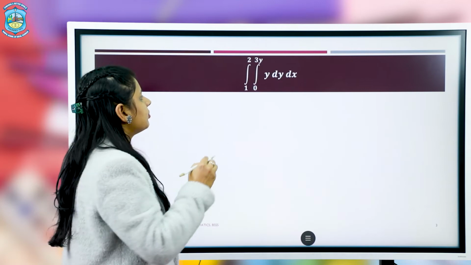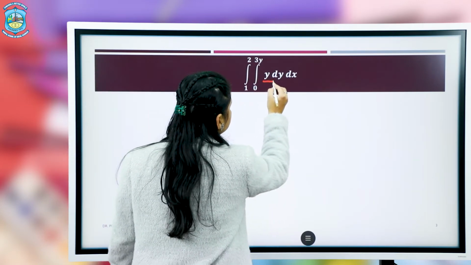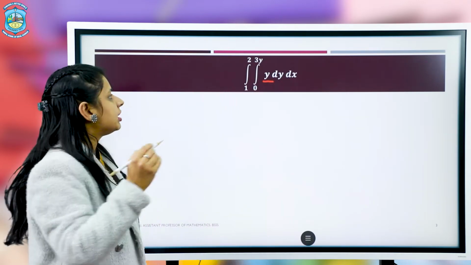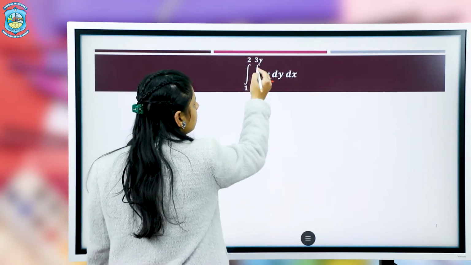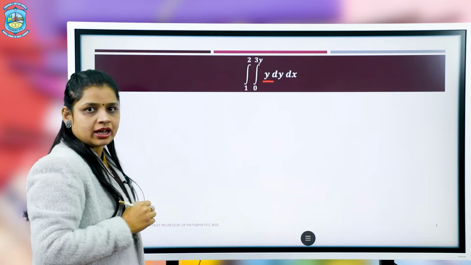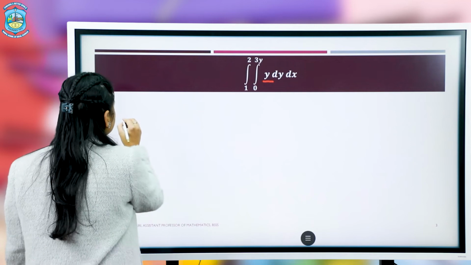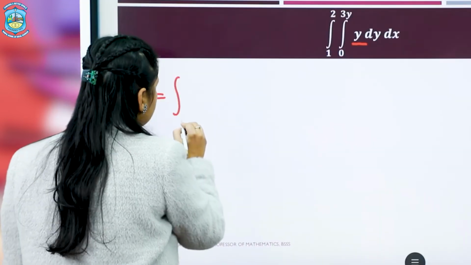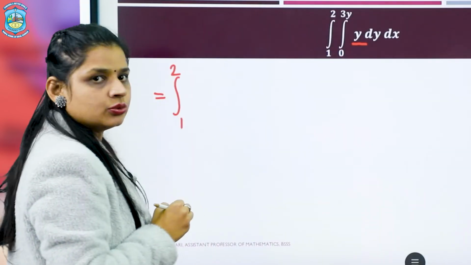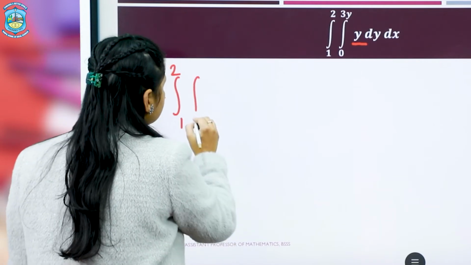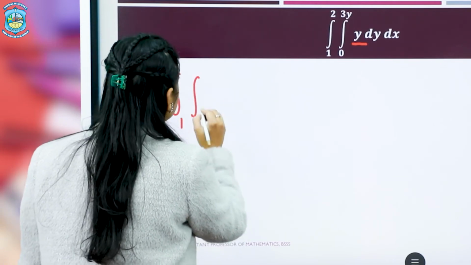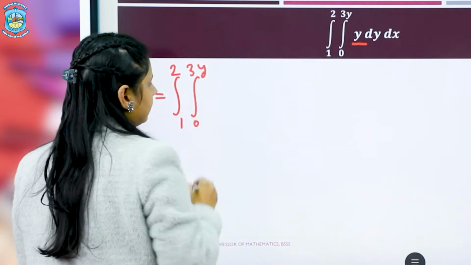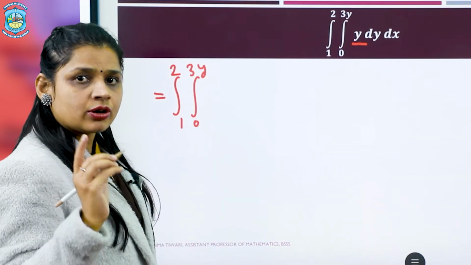In this example, we will double integrate y for the limits 1 to 2 and 0 to 3y. We will write integral 1 to 2, and the limits of the second integral are from 0 to 3y. That is, they are functions of y.